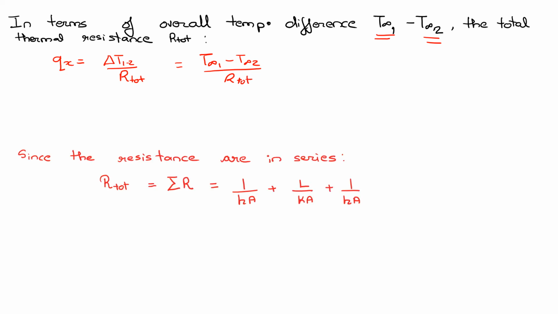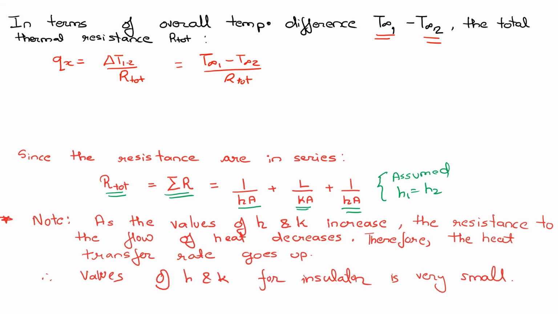Okay, since these resistances are in series, we can just total them up. So you can write R total as the summation of all the resistances: resistance due to convection on the left side of the wall, resistance due to conduction through the wall, and resistance due to convection on the right hand side of the wall. Here I've assumed that H1 is equal to H2 just for simplicity.